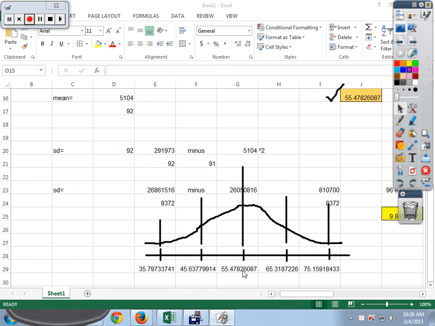The average height for a person in Math 120 is 55 inches, and between 75 inches and 36 inches is normal. What would be unusual? 78 inches, 80 inches, 90 inches, and 34 inches, and 30 inches, and 24 inches. Unusual.